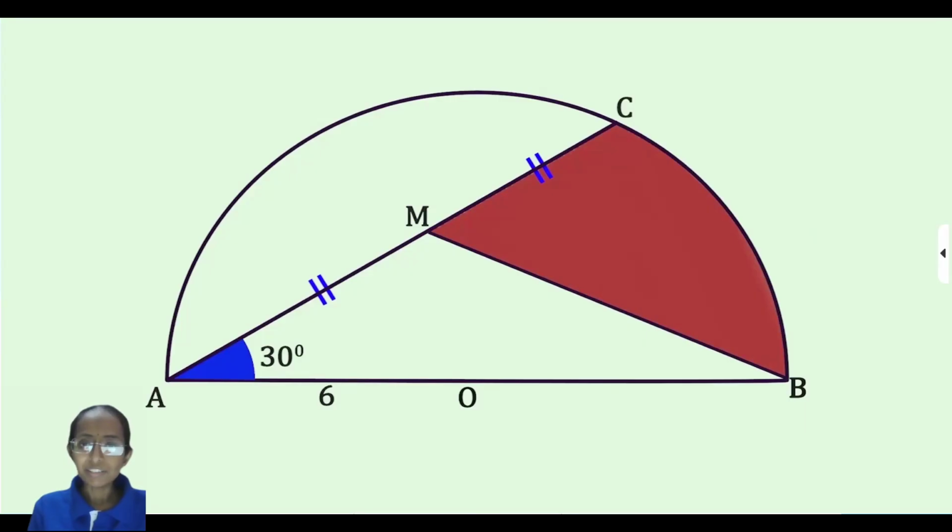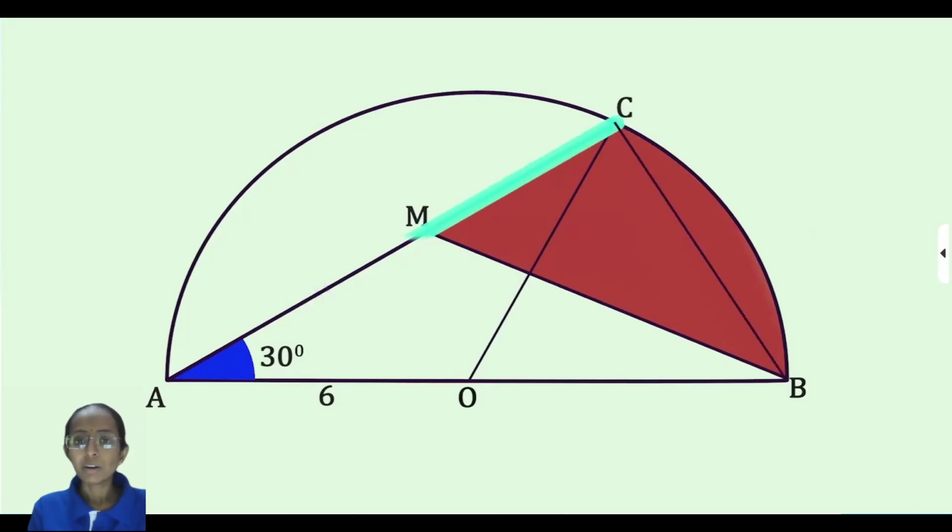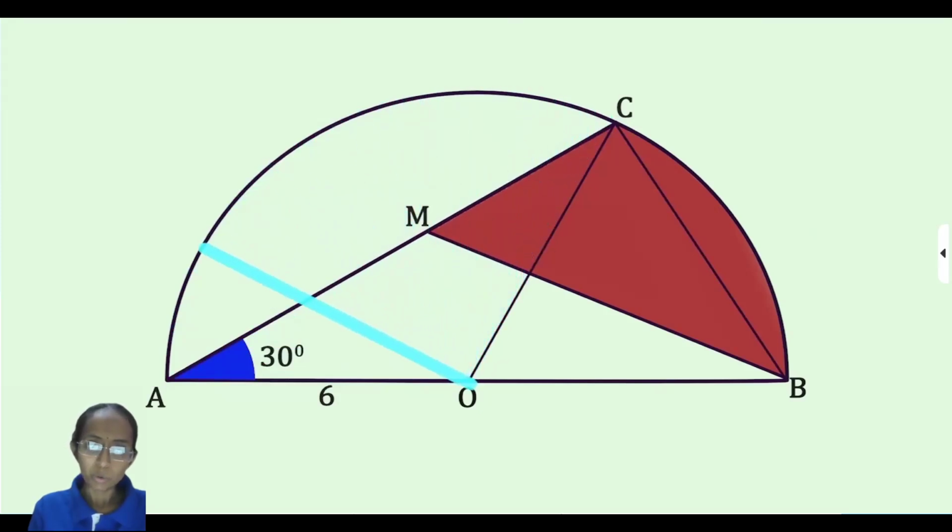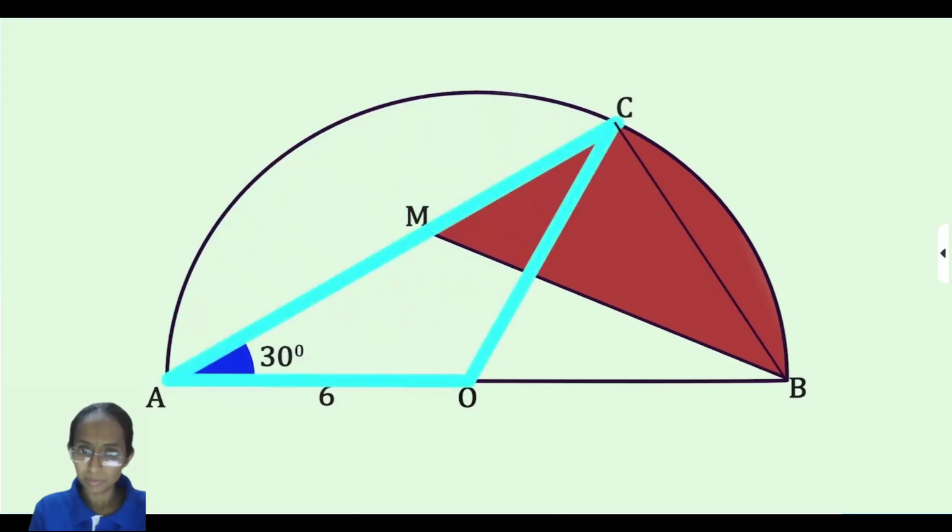Now, what can we do for solving this? First of all, we will join our OC, that is the radius, and BC. Now, we know that OA is the radius of the circle, which equals OC.